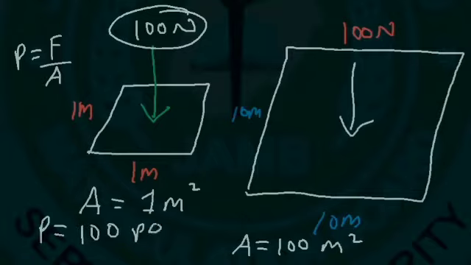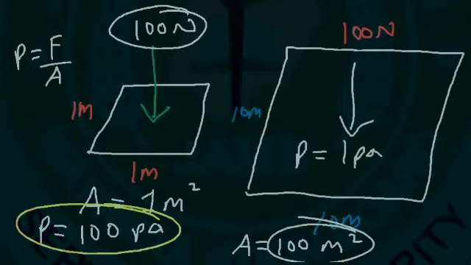It's 100 pascals. Now, for the figure on the right, 100 newtons is being applied over an area of 100 square meters. So 100 over 100 is 1 Pascal. So the pressure is significantly higher on the figure on the left. So if you apply a force over a very small area, the pressure is going to be very, very high.